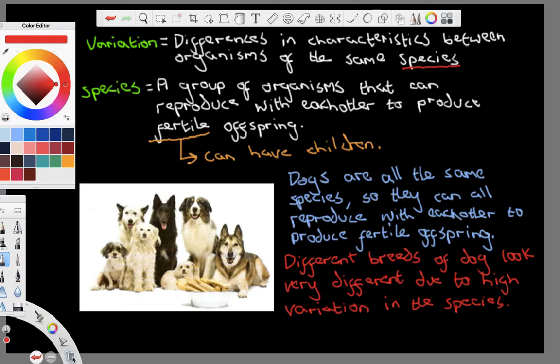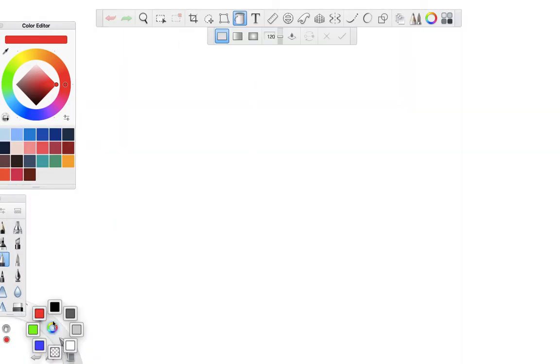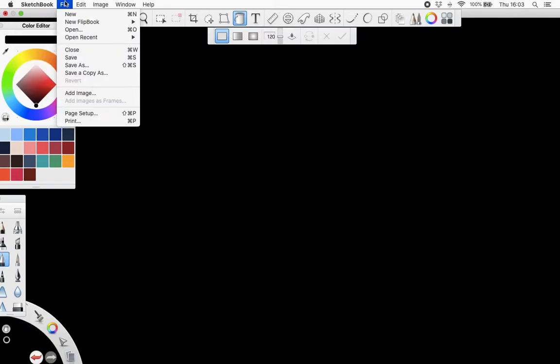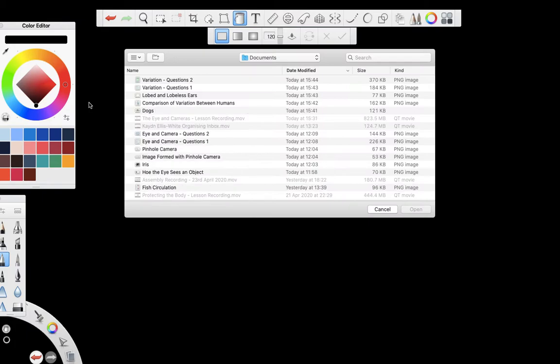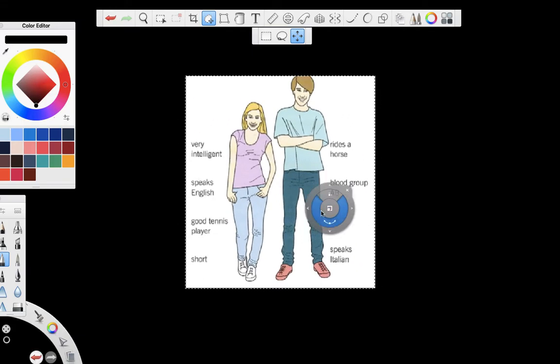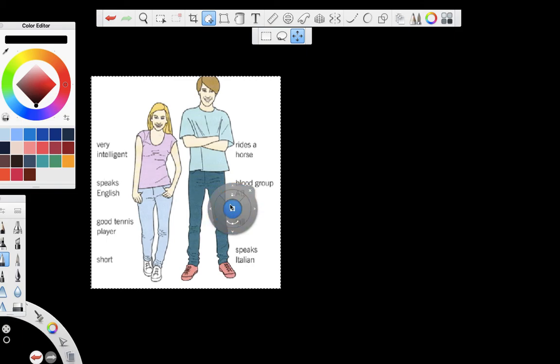Another example that we can use, if I just refresh our screen, is humans. We can add an image that I've pre-prepared, and again this is on the PowerPoint, so we can put it over here. Humans have lots of variation between them. Humans are all the same species. We can all reproduce with somebody of the opposite sex to produce fertile offspring.